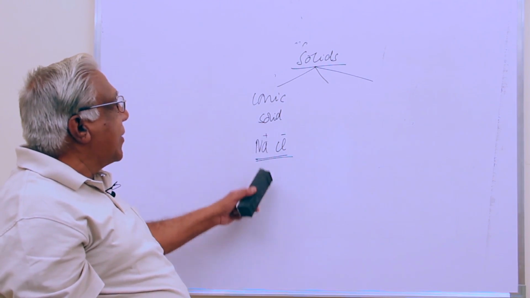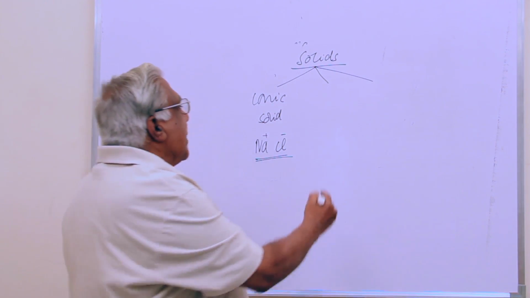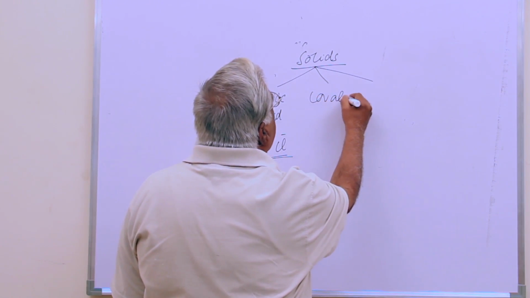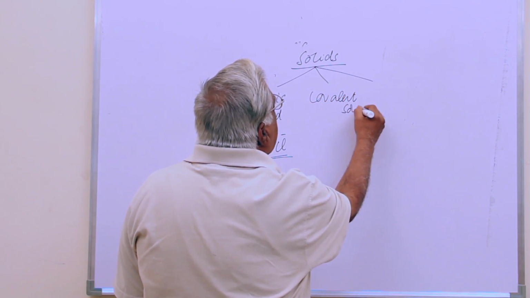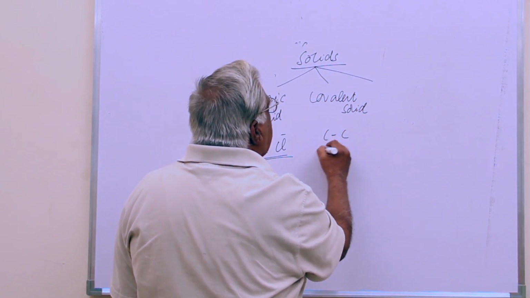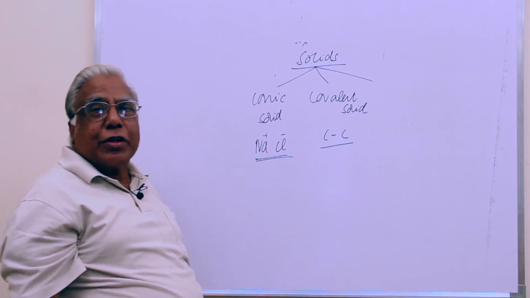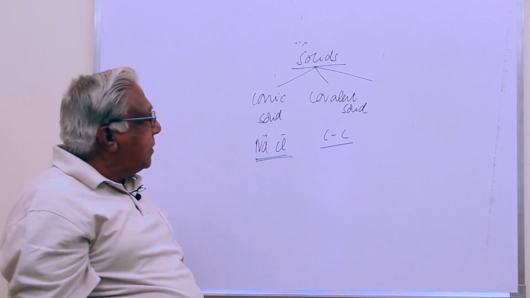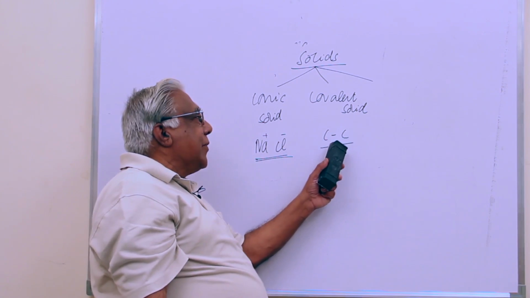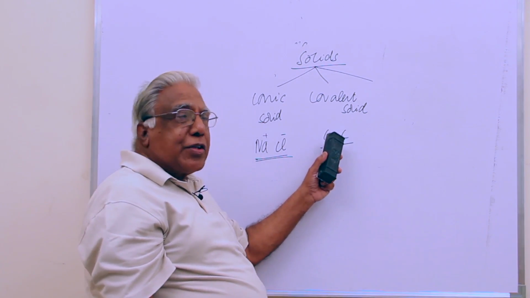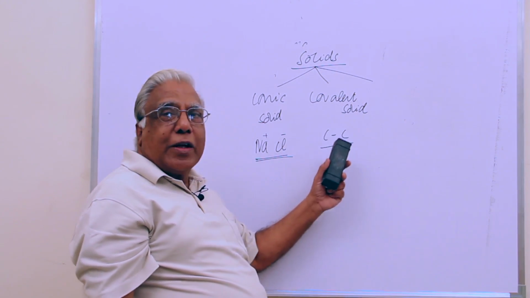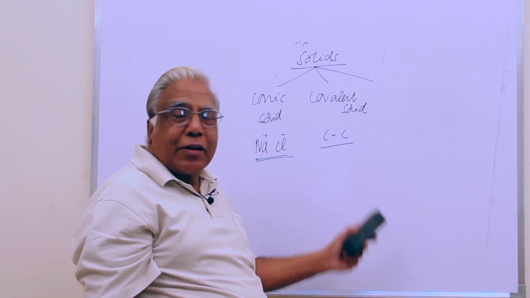So this is an example of an ionic solid. Then we think about a covalent solid, where covalent bonding makes the constituent particles attract each other. In diamond, for example, carbon atoms are held together by a very strong covalent force of attraction. So this is an example of a covalent solid, diamond, graphite and so on.